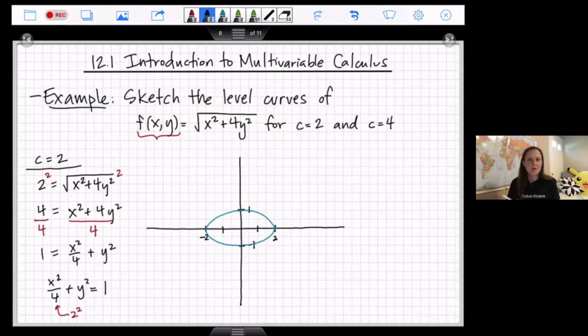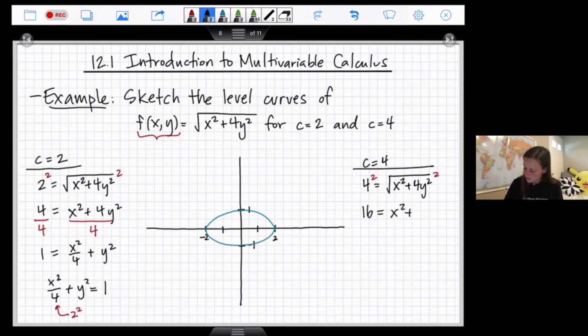All right, so let's see what we get when we plug in c equals 4 for f of x, y. So I get 4 equals the square root of x squared plus 4y squared. Again, keep rearranging it until it looks familiar. Square both sides. And let's divide again.